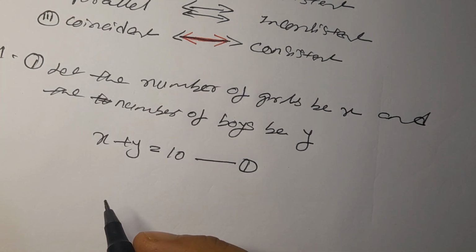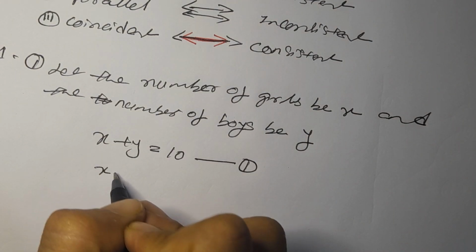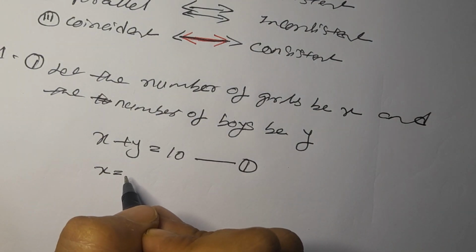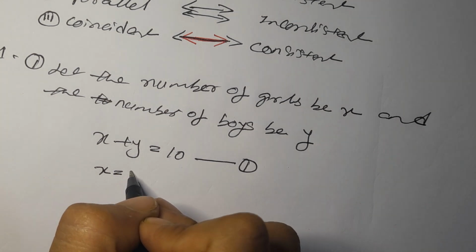Another says that the number of girls is 4 more than the boys. Girls is how much more? Girls, that is x, equals y plus 4. The boys is y.